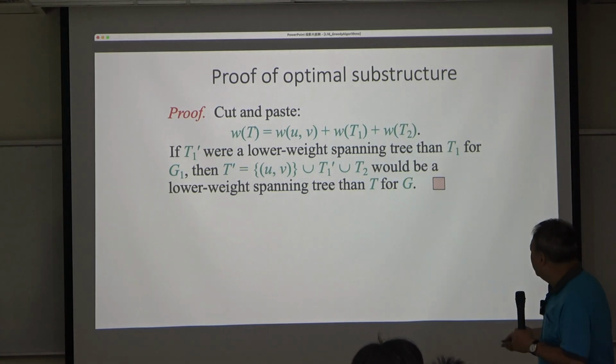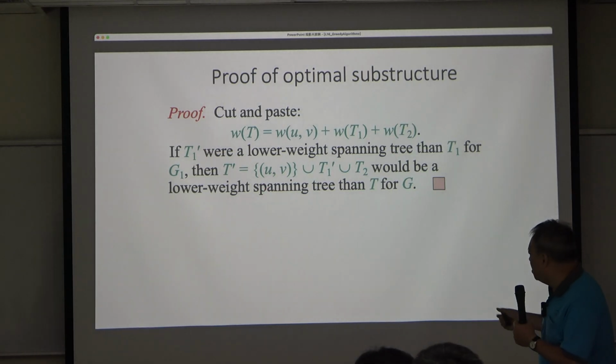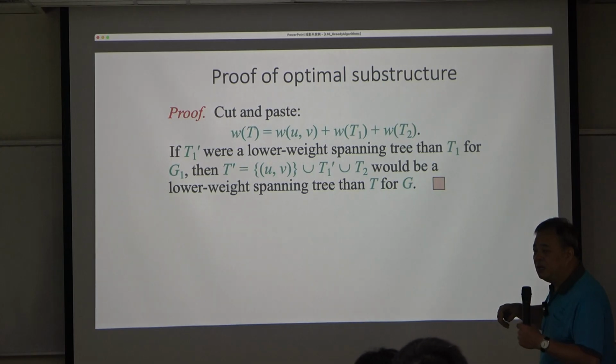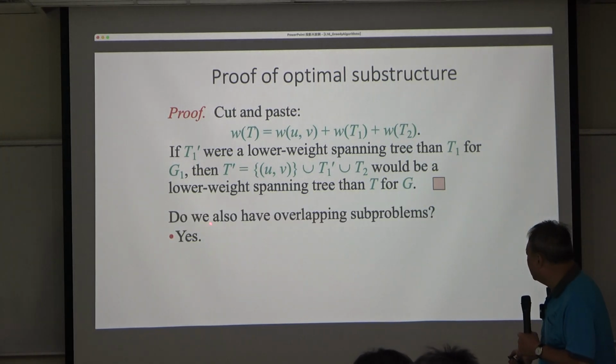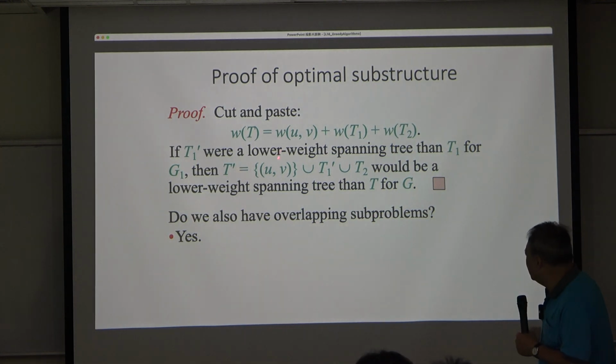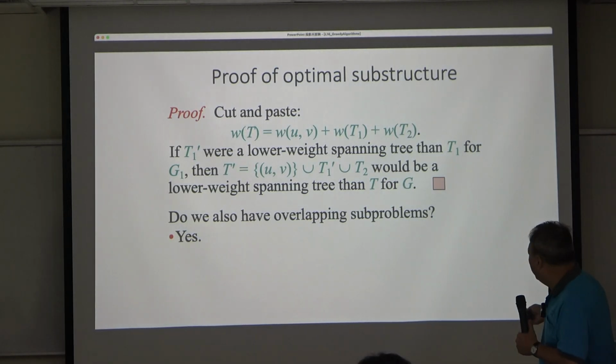Okay? So the other part, the proof of T2 being a minimum spanning tree for the graph G2, is similar, so I will skip that one. Okay, so we have the overlapping subproblem in the MST here, as I already told you.